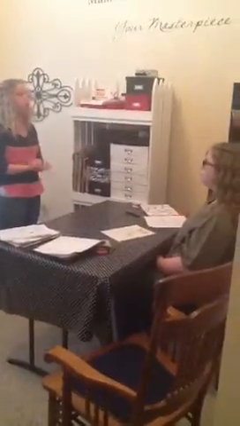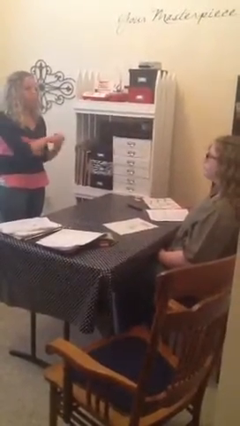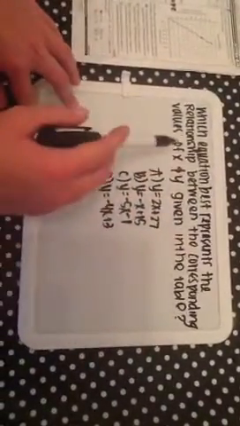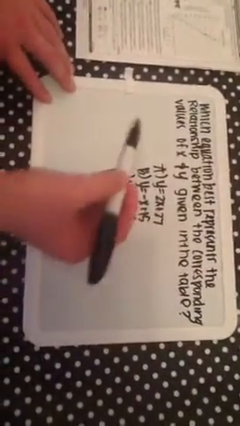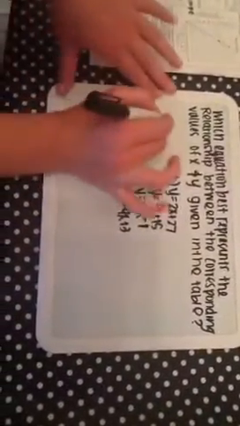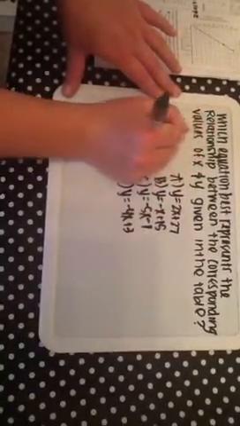Okay, so now I'm going to show you all another example. Let me go to the board and do it. Okay, so this is going to be our second example. Which equation best represents the relationship between the corresponding values of x and y given in the table? So our table is this.